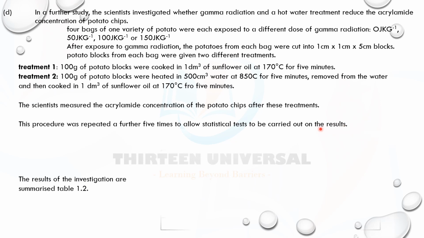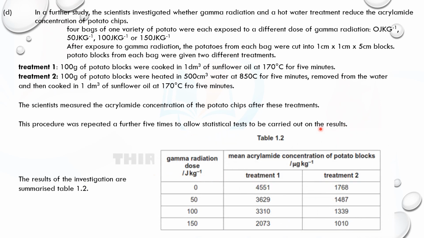The results of the investigation are summarized in table 1.1. So you can see, guys, quickly, as the gamma radiation dose increases, the mean acrylamide concentration of potato blocks for treatment 1 and treatment 2 both decrease. But you see that treatment 2 decreases more. For example, this is zero gamma radiation.